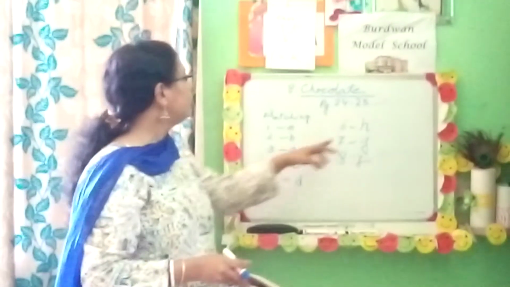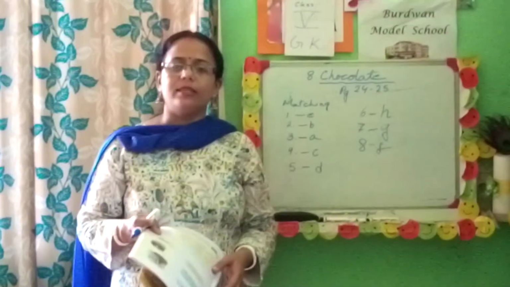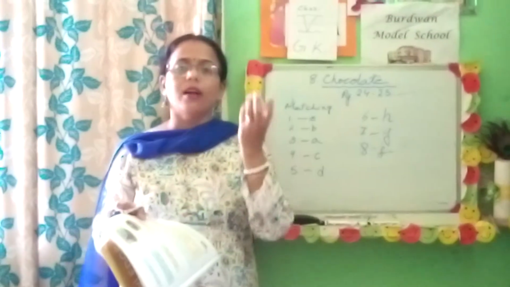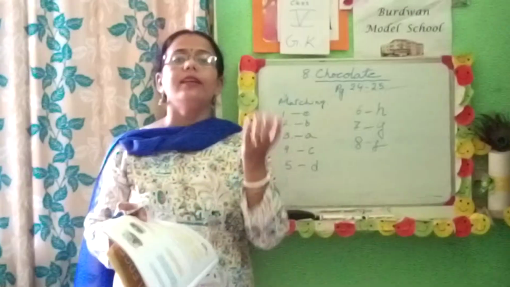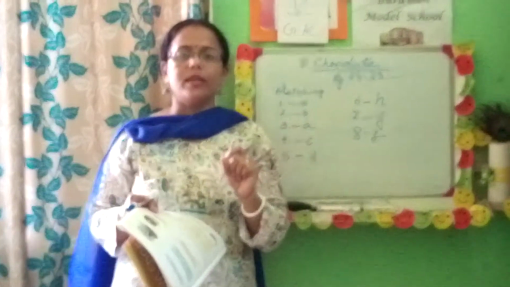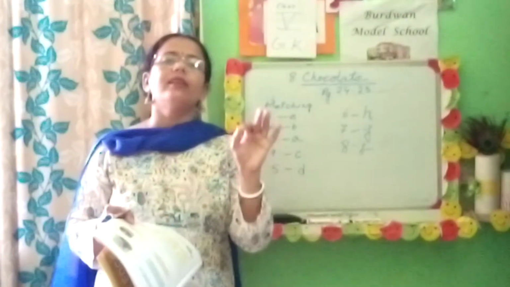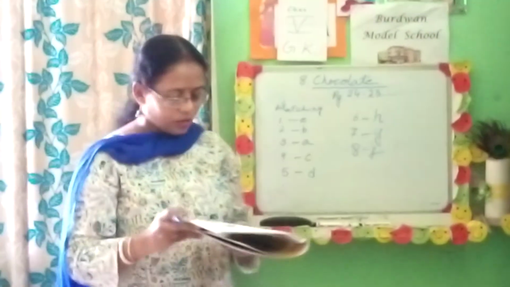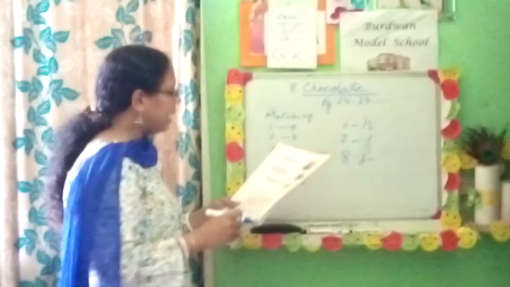In the sixth picture, the nibs are crushed and ground and formed into a liquid. And then cocoa butter is mixed with it to make different flavors and varieties of chocolates. So this was question number A.